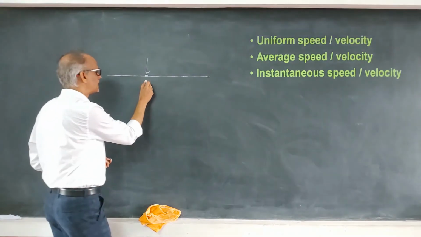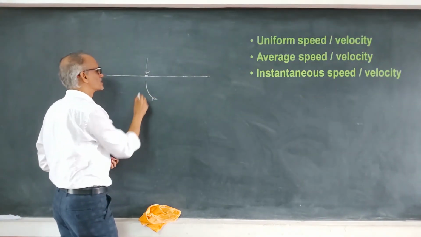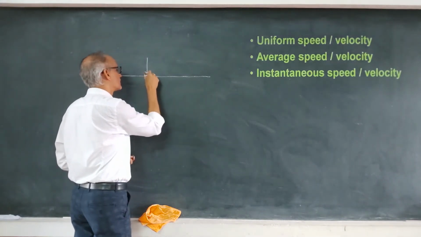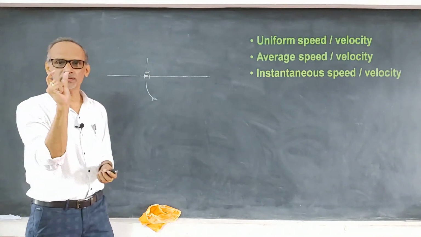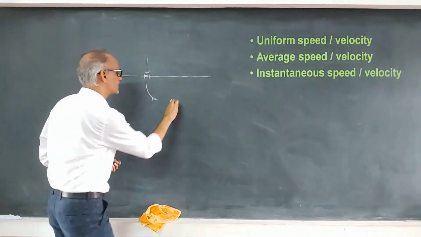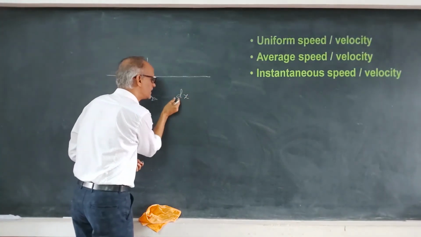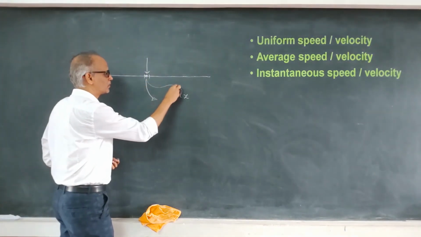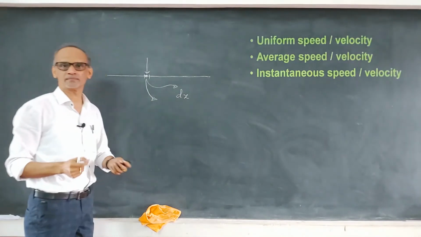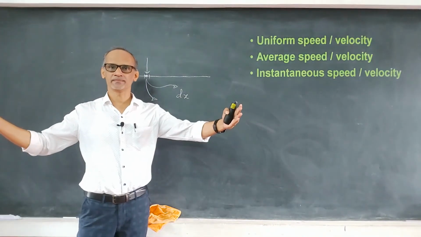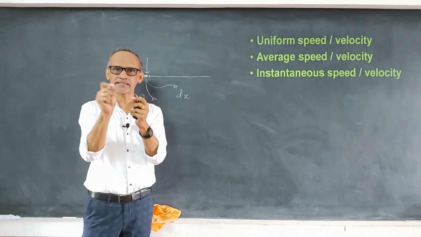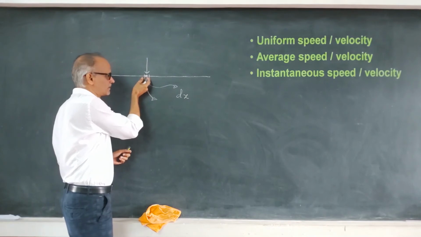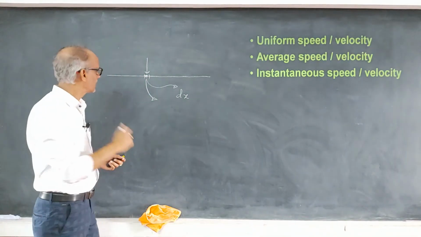And to find that, we have to consider now not the entire journey, but a very small distance or displacement, which we write as dx. Dx stands for a very small value of the distance traveled. For average, we take the total, the entire journey. But for instantaneous, consider a very small distance or displacement, and then you see what is the time it takes.